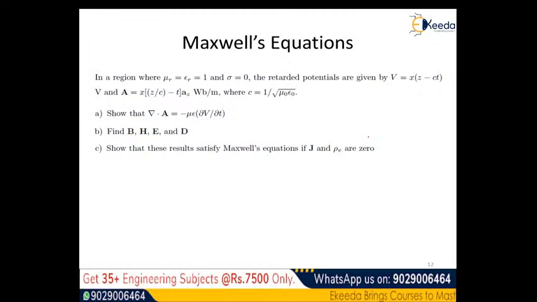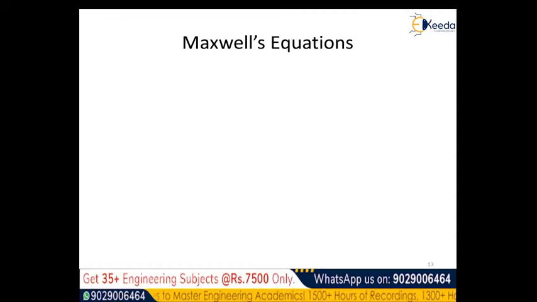We have to show that the divergence of A is equal to minus mu epsilon multiplied by the partial derivative of V with respect to time.